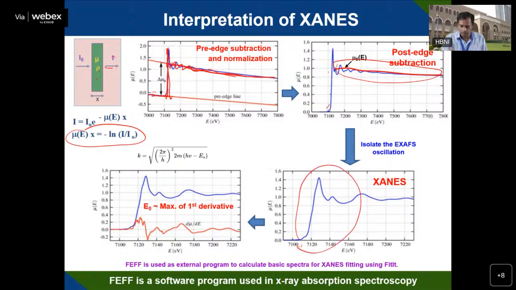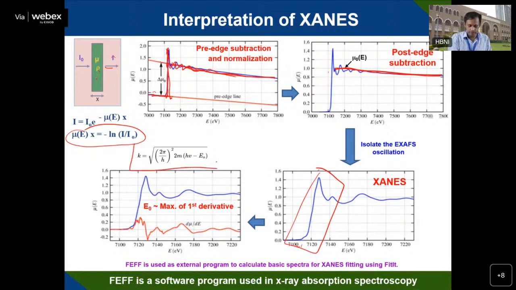You get the sharp absorption edge, and that information you will be able to get if you subtract the background correction and then the post-edge subtraction. You fit a linear function, and when you subtract, you will get mainly this particular absorption edge. Now, to calculate E0, there is this equation, k equals the square root of the quantity h nu minus E0. E0 is where the first derivative is at its maximum, and h nu is the photon energy of the incident X-ray.